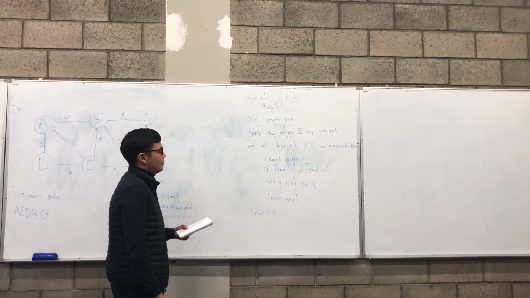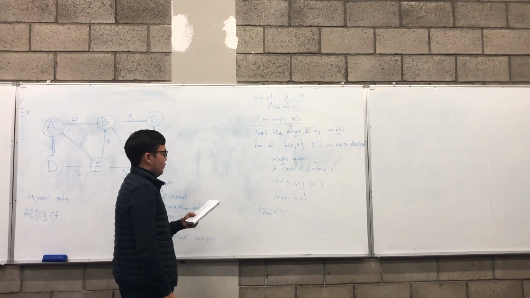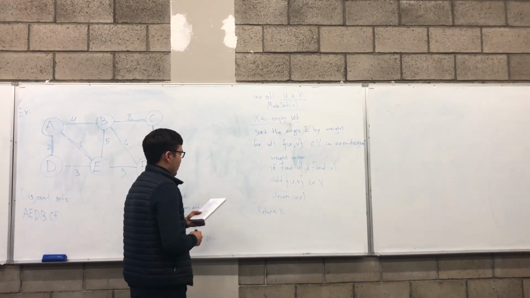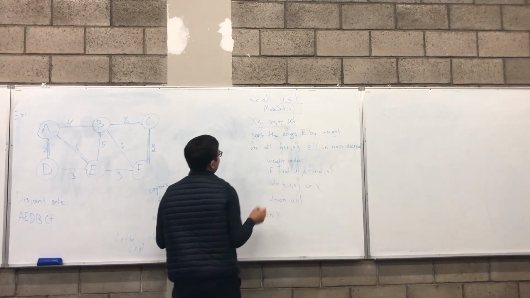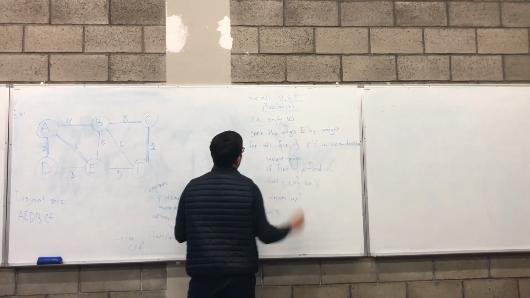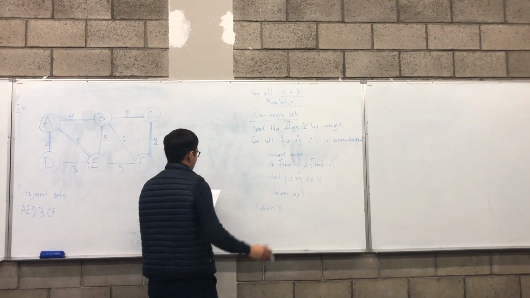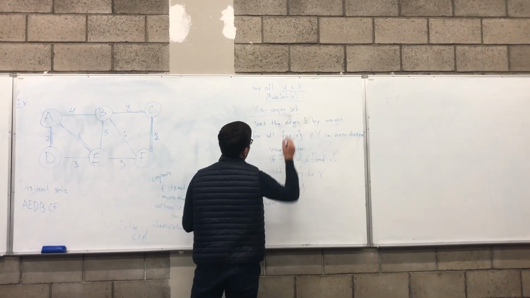So here is our sample code. First of all, for each vertex in our graph, we create a separate disjoint set. We call the method make set here and initialize X as an empty set.